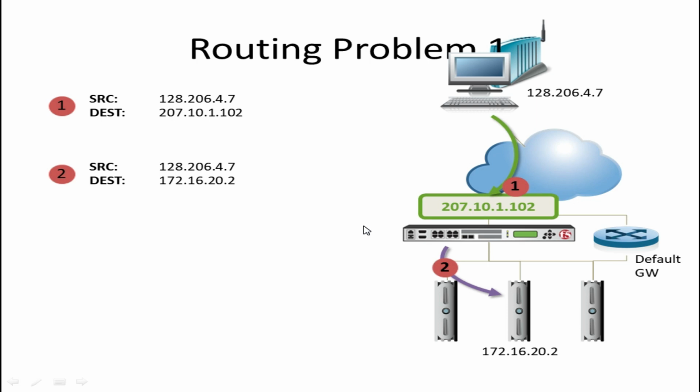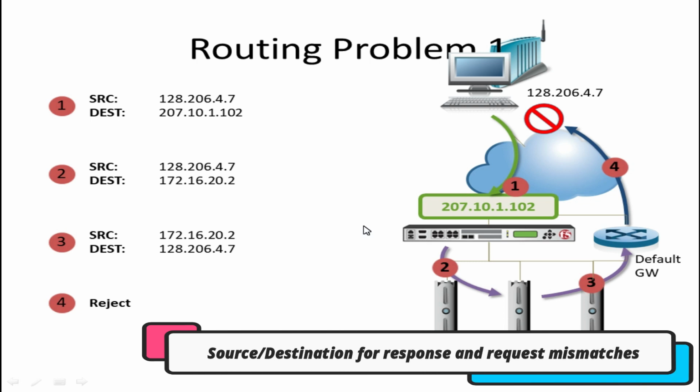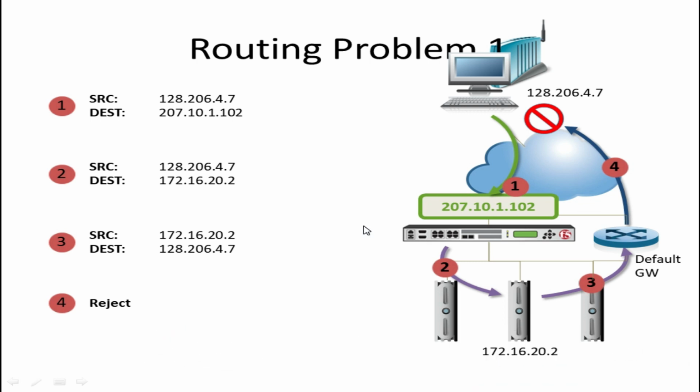Now let us see the response. Your pool member is sending this traffic to the default gateway, so the source would be your pool member IP, and the destination would be your exact PC IP. If you compare packet number 1 to packet number 3, the source and destination are changed, and hence your packet will get rejected, it will not be accepted.